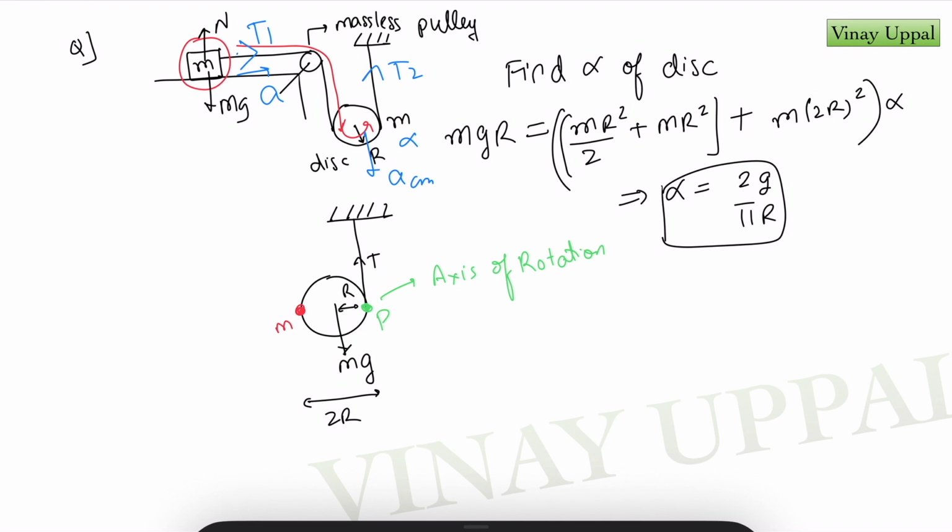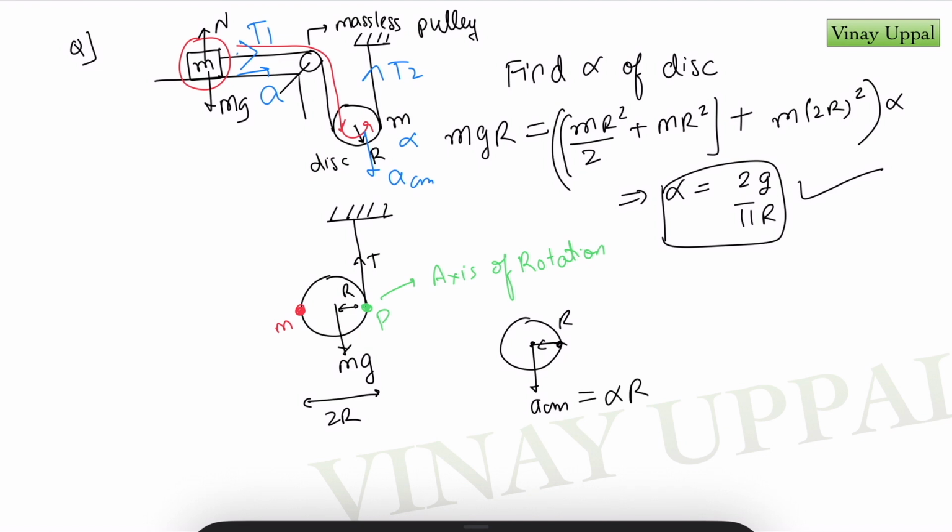Now a query might arise in your mind: what if the question asks us to find the acceleration of the block or the acceleration of the center of mass of the disc? What then? That is very simple, because you know the angular acceleration of the disc. We already calculated that here, and therefore the acceleration of the center of mass, since it is at a distance r, that will simply be alpha r.